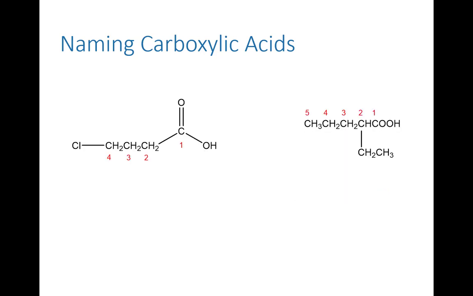Let's take a moment to practice naming a couple compounds here. So I've already gone ahead and numbered some of these compounds that I'm showing as examples. So if we look here, the first thing we would do is locate the functional group. The carboxylic acid is the functional group. We then look for the longest carbon chain that contains that functional group, and it's 1, 2, 3, 4.